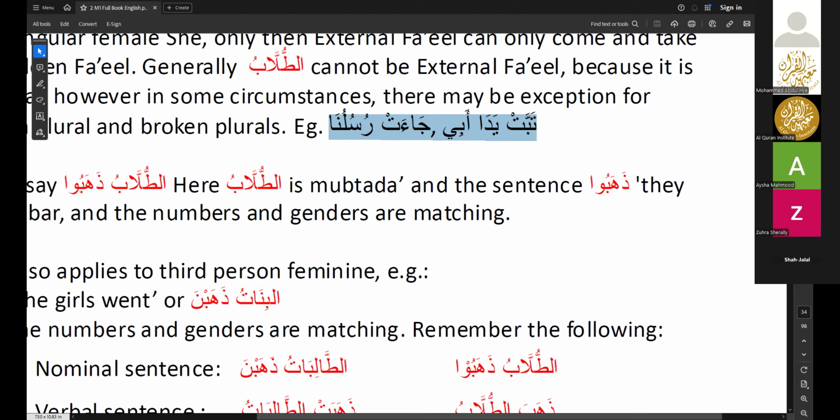So out of these 14, which two may have an outside doer, an external fa'il, an explicit fa'il? Which ones? You can see the answers there.